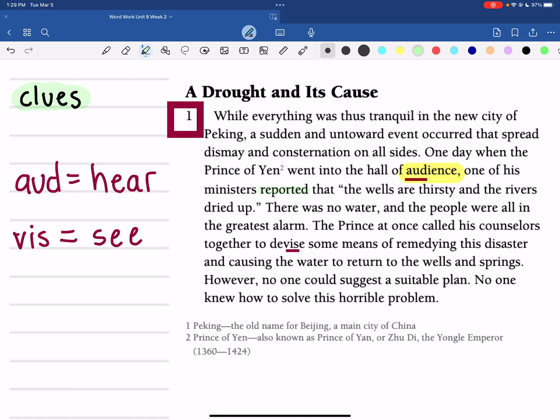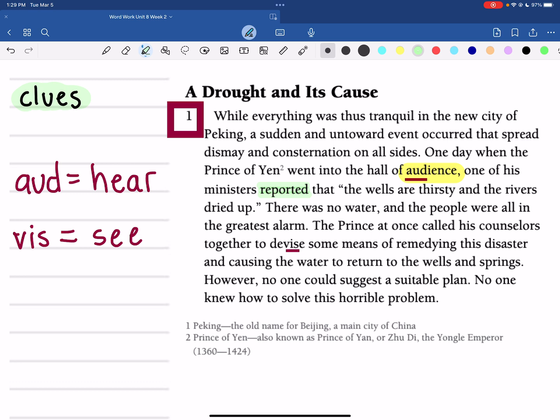Well, if someone's reporting something, then that means somebody else is listening. We don't report things to an empty wall, right? So one clue that I see here is reported. The minister is reporting in the Hall of Audience. In the hall where the entire job of the people in there is to listen, the minister is reporting something.